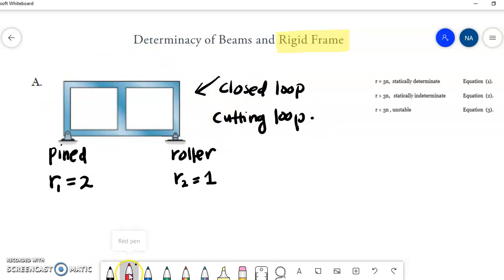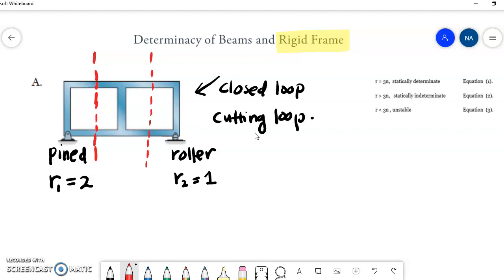Okay, so let's see how we're gonna do it. At first we see here there is one loop and this one is the second loop, so we need to cut this area. Okay, so we cut this area and also this area.